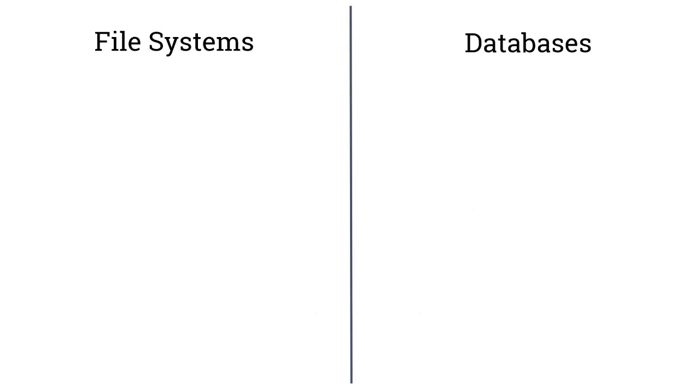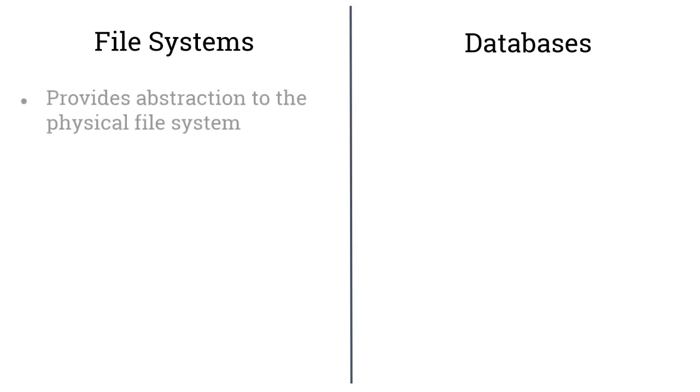All right. So file systems versus databases. You have studied this in your undergrad school, that is what I'm assuming, but I just wanted to give you a quick refresher, so that everything is fresh in your head. The first thing that you should know about file systems is that they provide abstraction to your physical file system. So when you are on Windows, when you do a copy and paste between these different file systems, do you think that it works seamlessly?